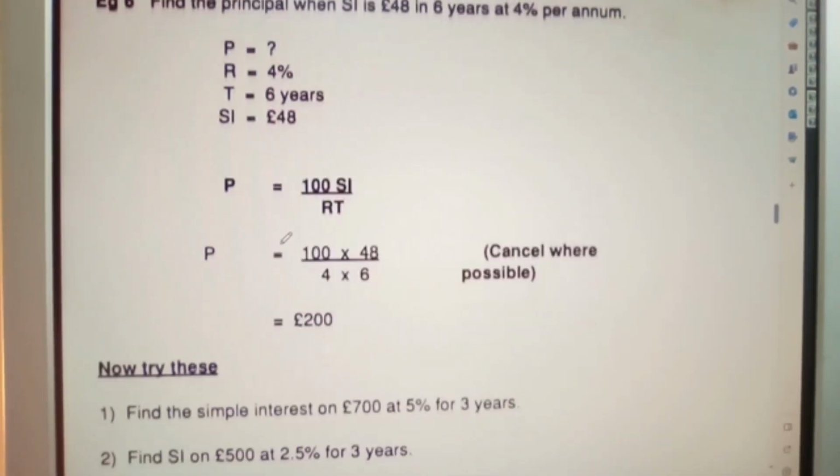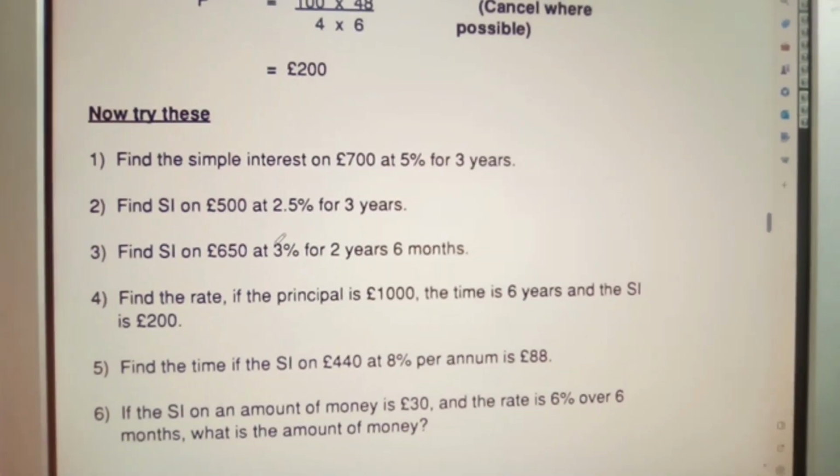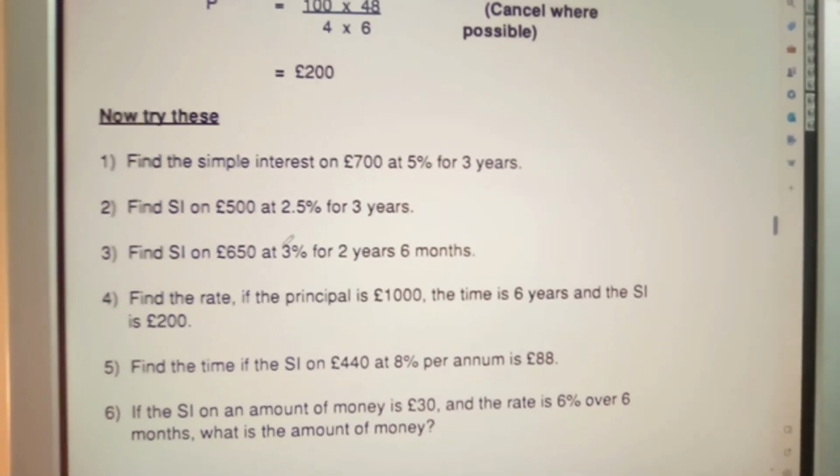Similar thing in here as well. So I don't need to do anything on these for you. Now these are for you to do yourself.